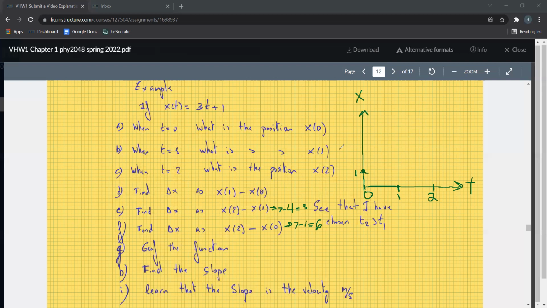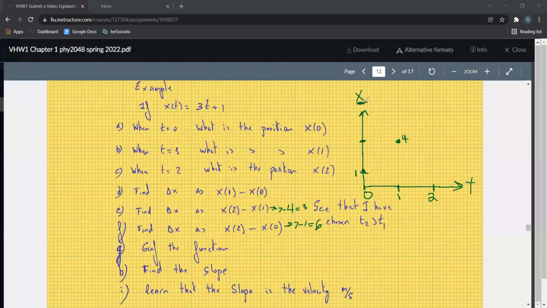We know that at t equals 1, our x is at 4, which I'm going to draw up here. And we know that at t equals 2, which I'm going to put right here, we're going to put our 7.